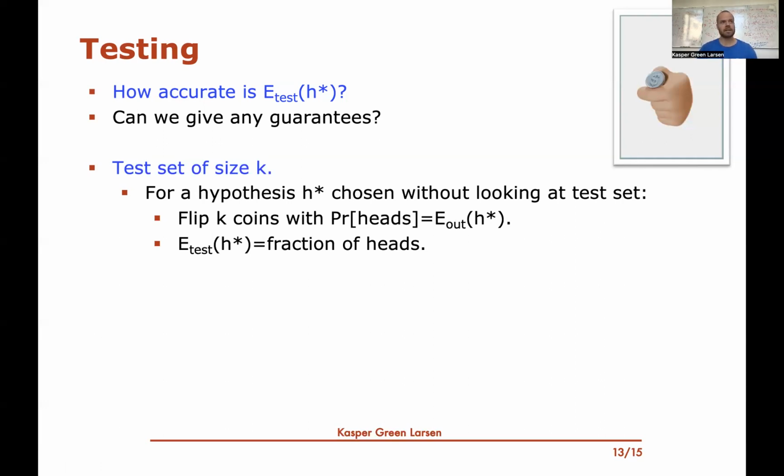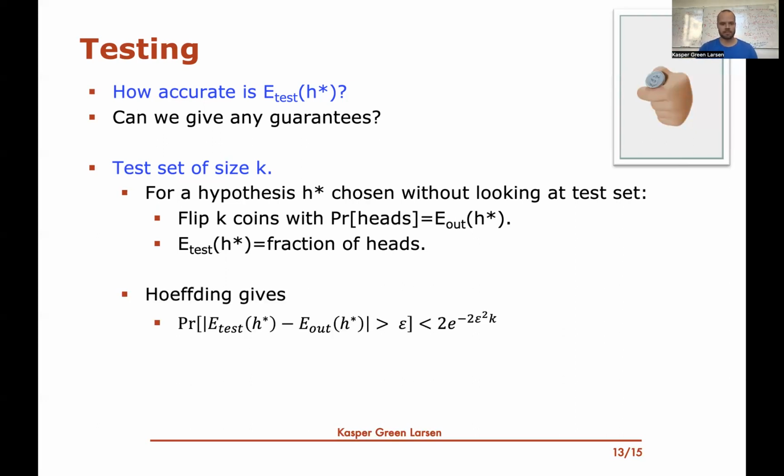Which basically means you can think of it as the test set being generated after choosing the hypothesis. And each of the test examples, since they come from the distribution D, will be misclassified by H star exactly with probability equal to the outer sample error of H star.